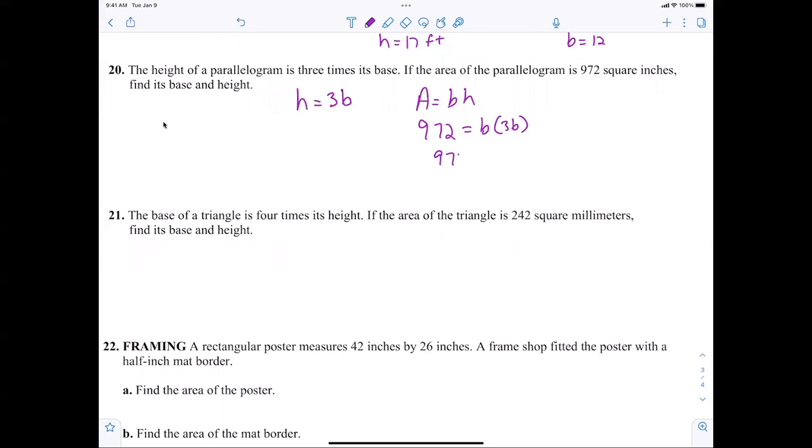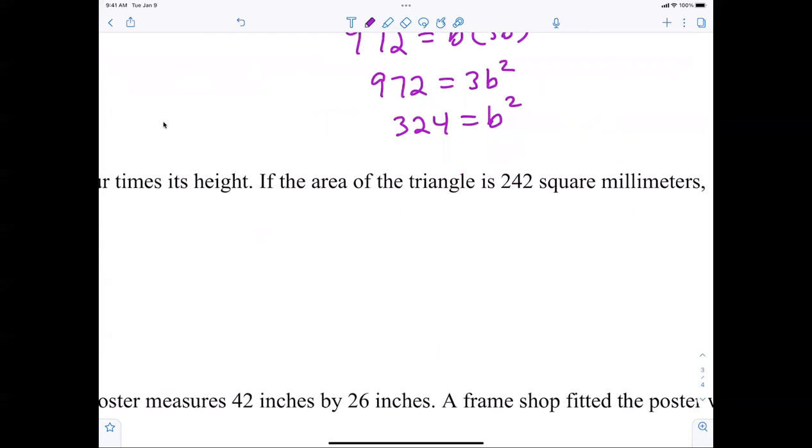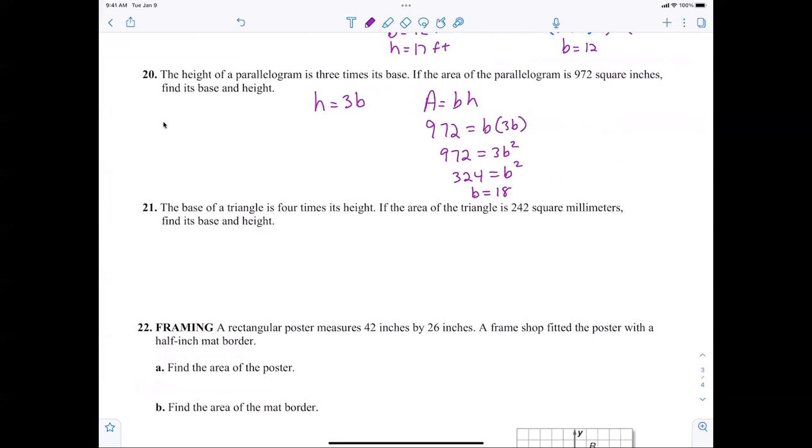Right, 972 equals 3B squared. So now what do I do? Divide by 3. And then the square root of 324 is 18. So the base is 18 and the height would be 54. And these are inches.